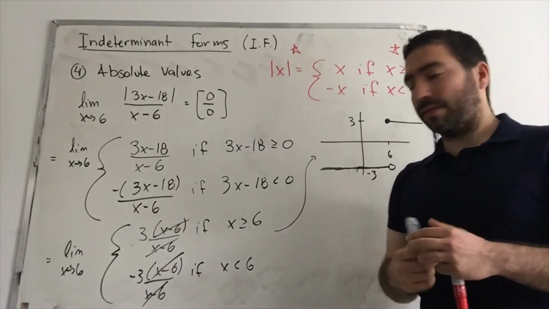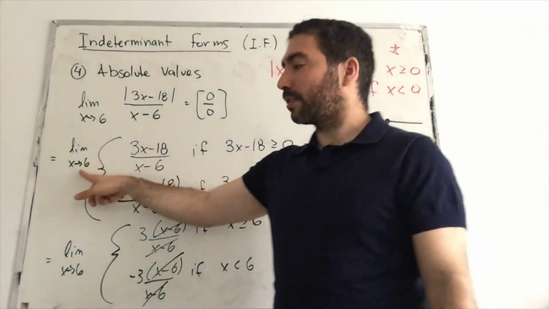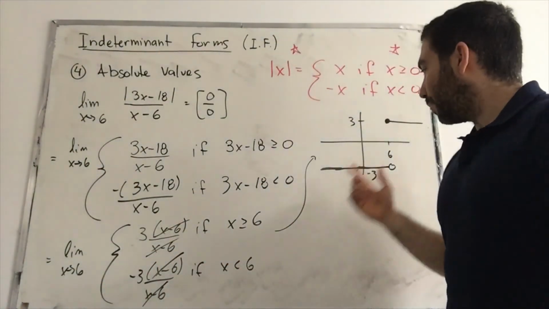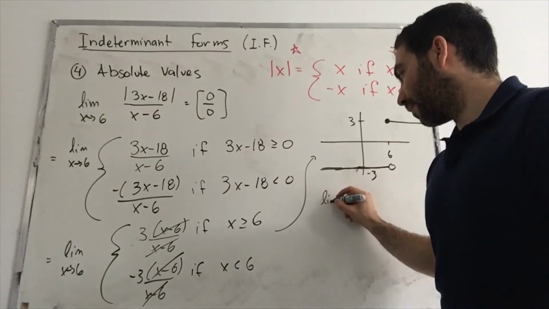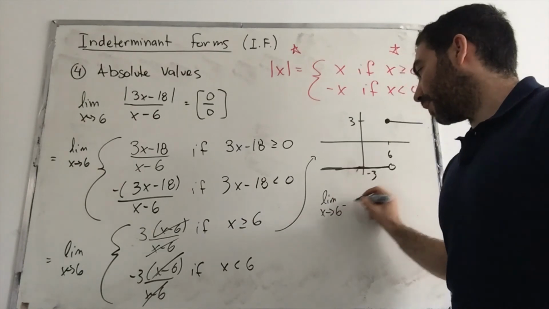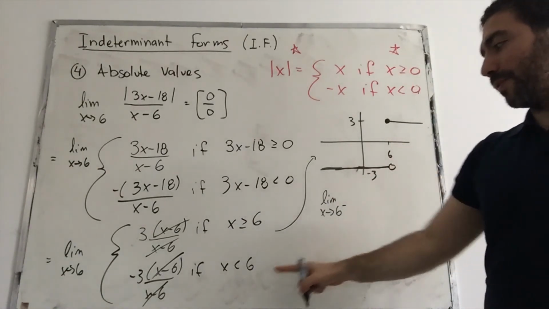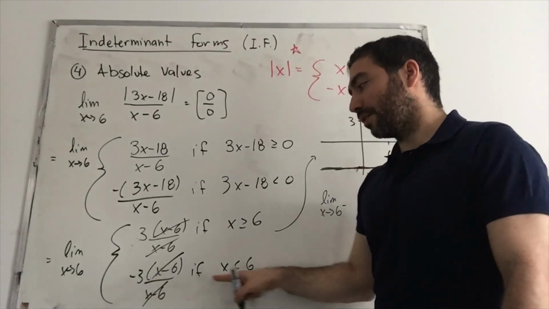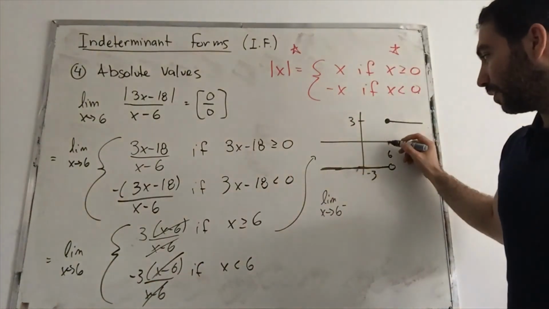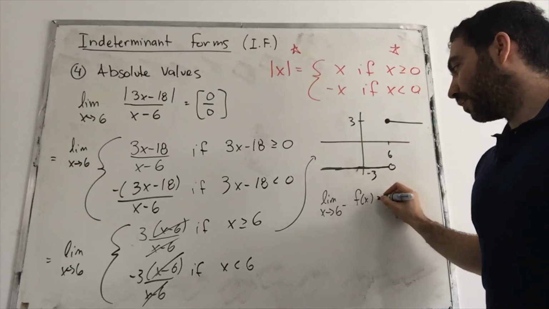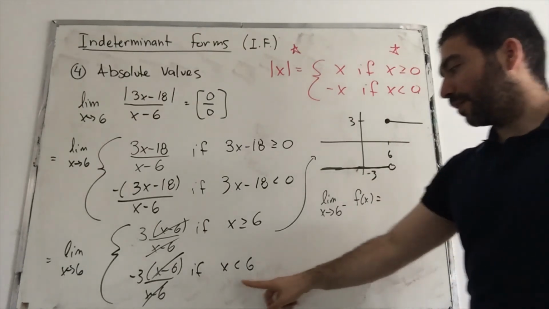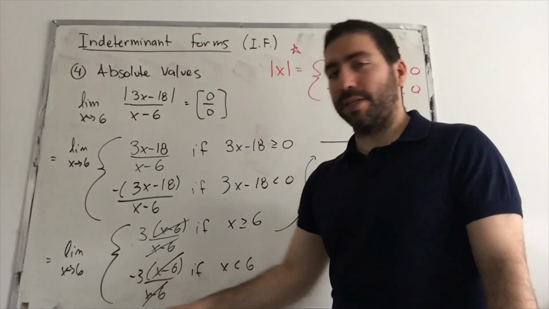So we want to know what the limit is at 6 as x approaches 6. But notice that when we take the limit as x approaches 6 from the left side, for smaller than 6, so slightly to the left of it, of this function here, I'm just going to call it f of x, the value of our limit is equal to -3.